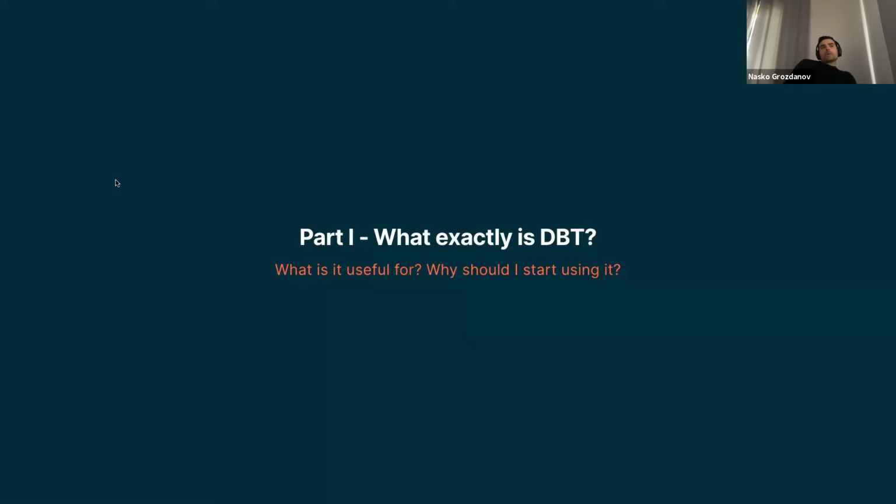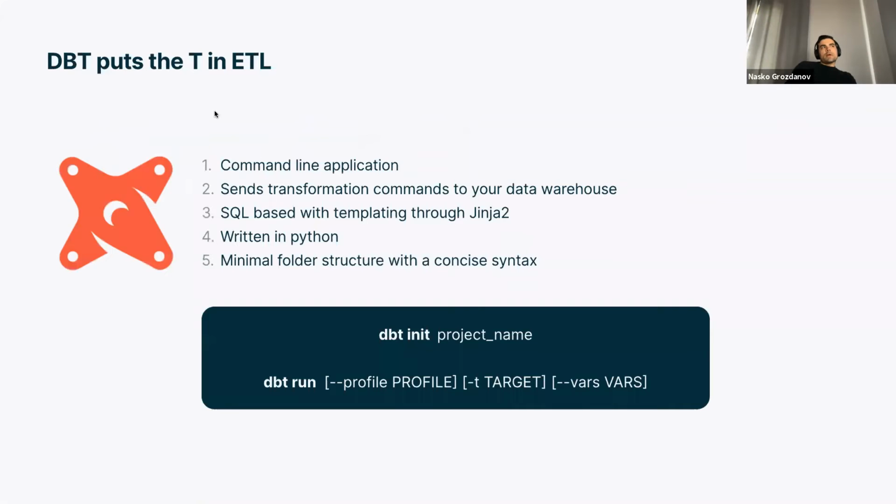So if we go right into it, what exactly is DBT? As they like to say in their motto, DBT puts the T, as in transform, in ETL, right? But what you need to know is that it's a very small command line application that is written in Python, and you specify your models in SQL, vanilla SQL, which is augmented with a little bit of Jinja 2 templating.